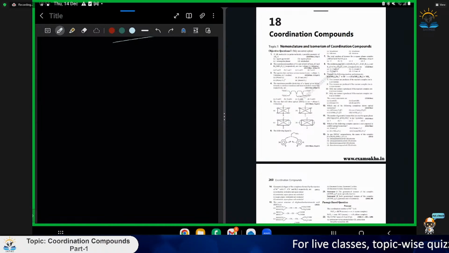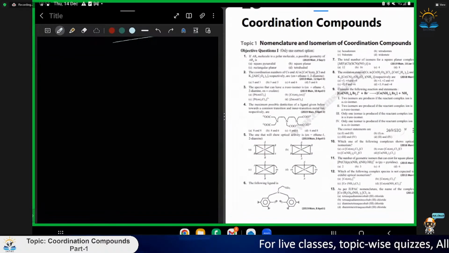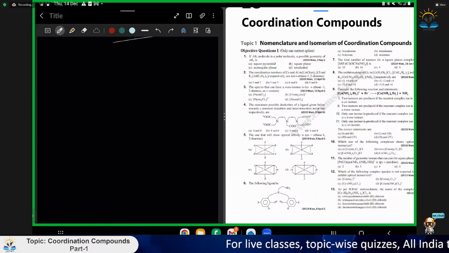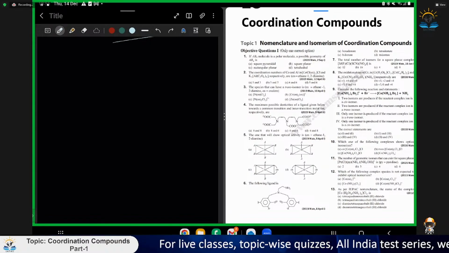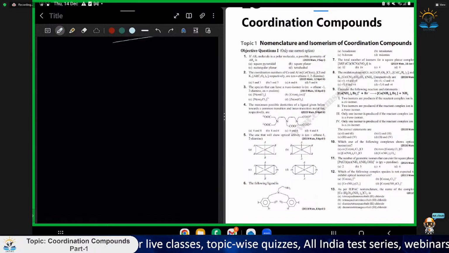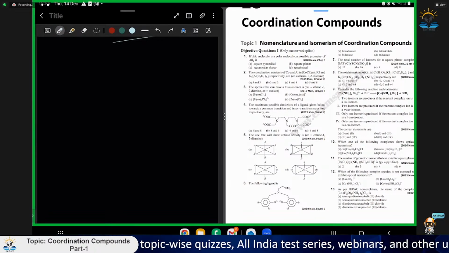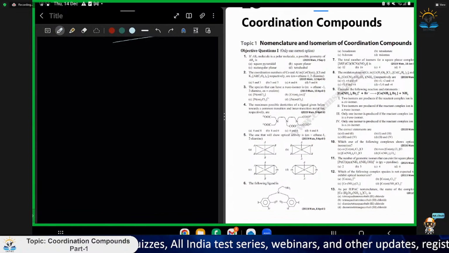First question. If AB4 is a molecule, and the AB4 molecule is a polar molecule, a possible geometry of AB4 is... okay. AB4 polar.